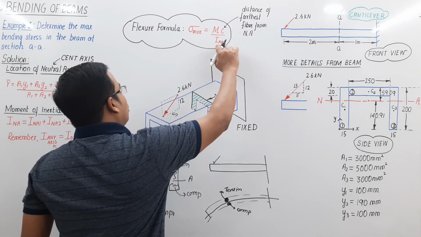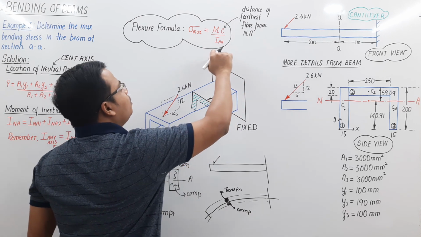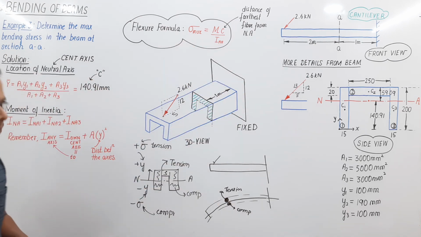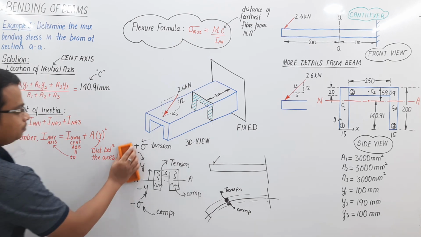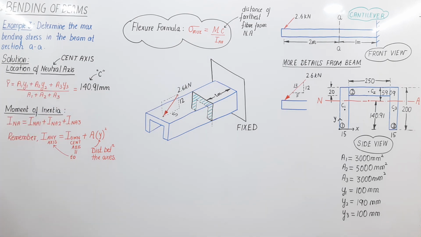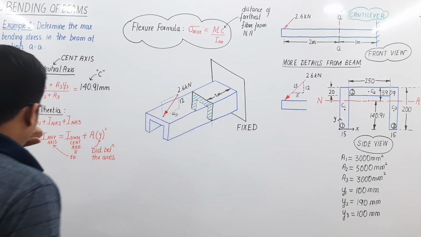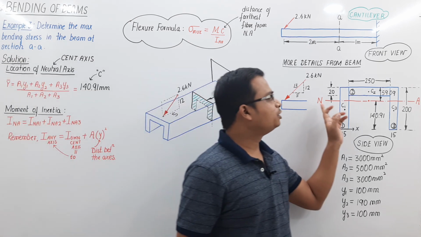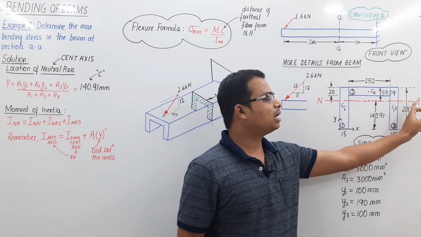Now you need to focus on the value of the moment of inertia with respect to the neutral axis. This is a brilliant formula, framed based on my convenience. You want to find the moment of inertia of this cross section with respect to the neutral axis.